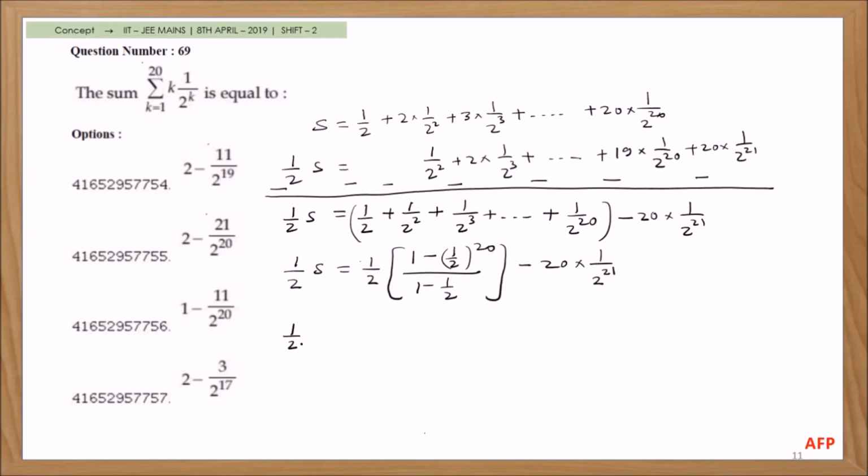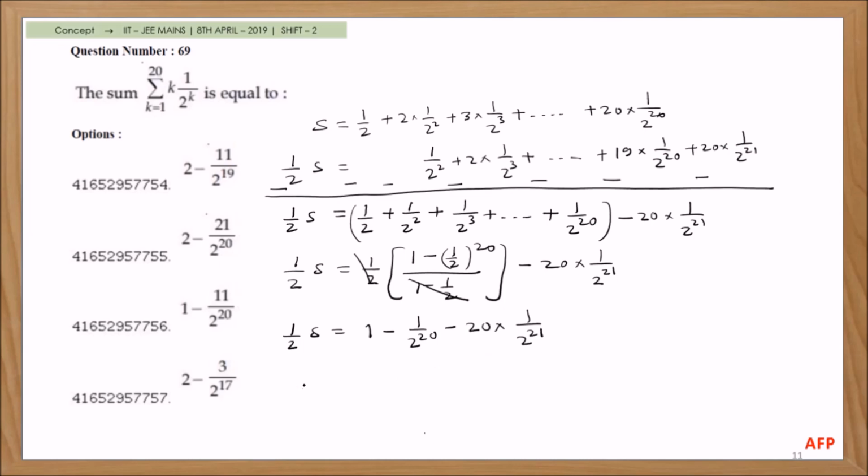Next, 1 divided by 2 of s, so you can see 1 minus 1 by 2 is 1 by 2, 1 by 2 gets cancelled, minus 1 divided by 2 raised to 20 minus 20 into 1 divided by 2 raised to 21.